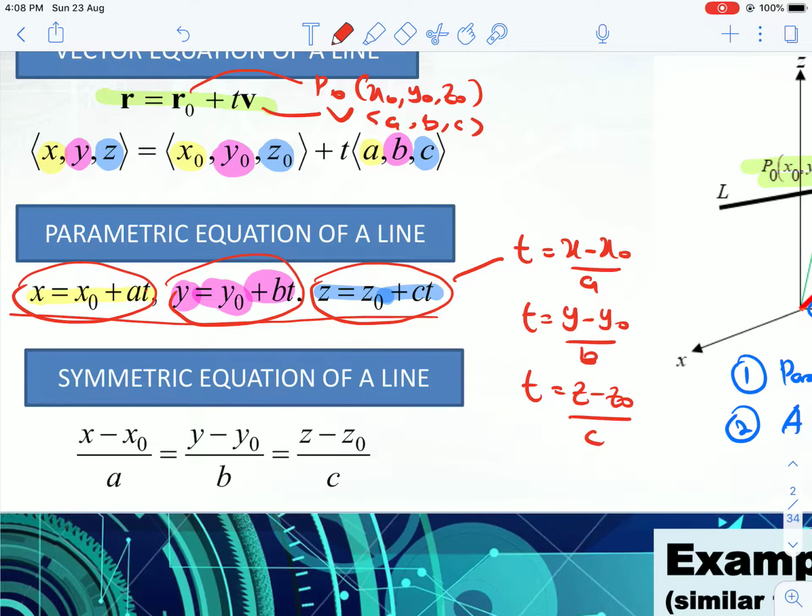From this process, we can form the symmetric equation.